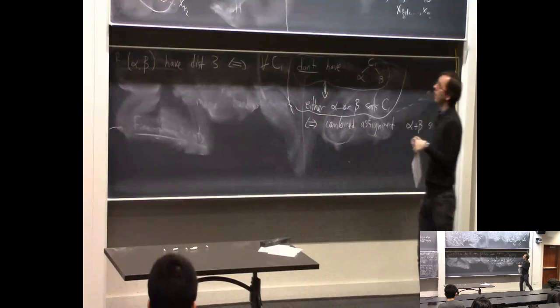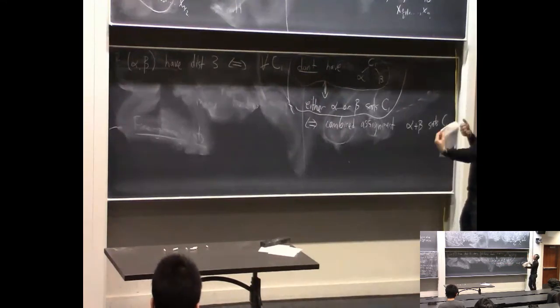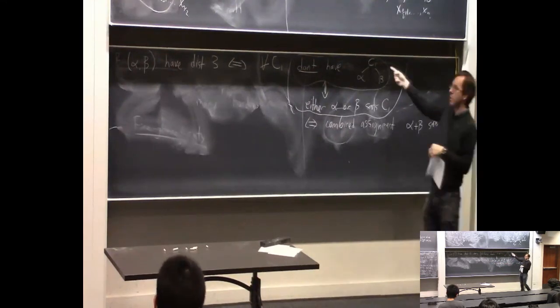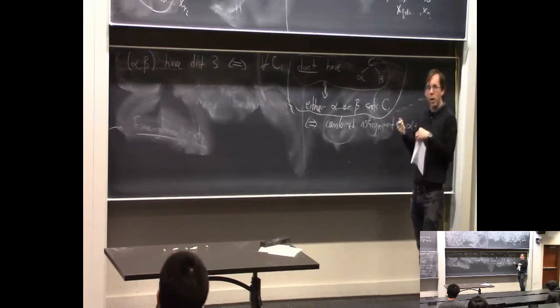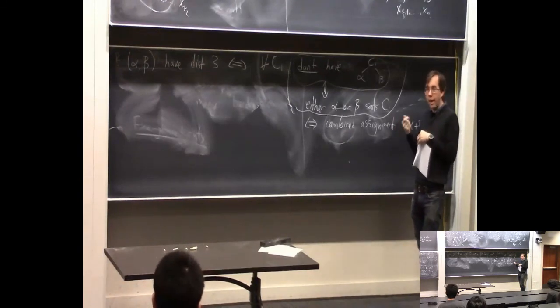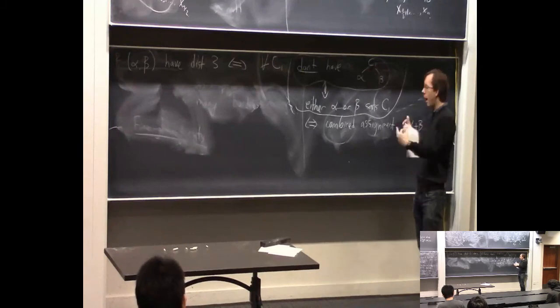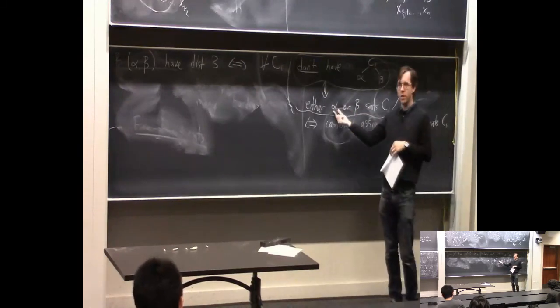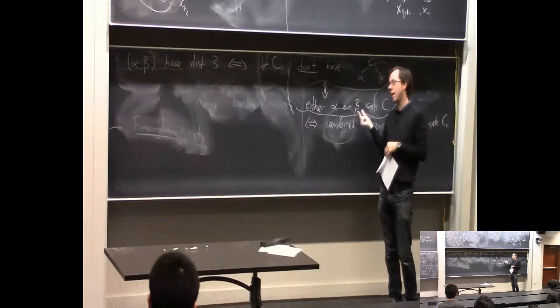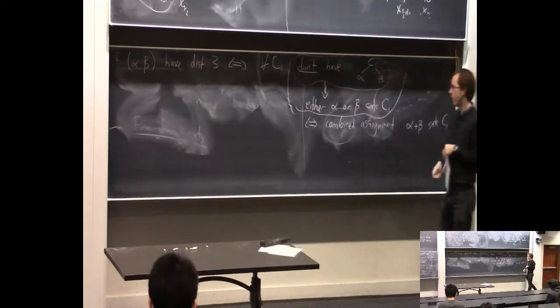If a full assignment to all n variables satisfies a particular clause, then at least one of the literals in it is made true. And that literal is either in the first half of the variables or the second half, which means that either the partial assignment alpha to the first half satisfies it, or the partial assignment beta to the second half satisfies it.